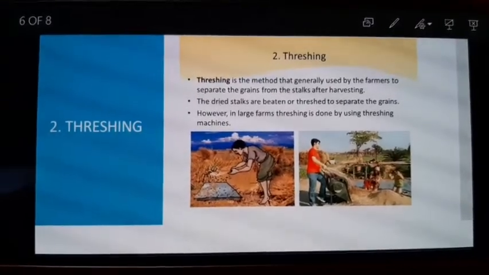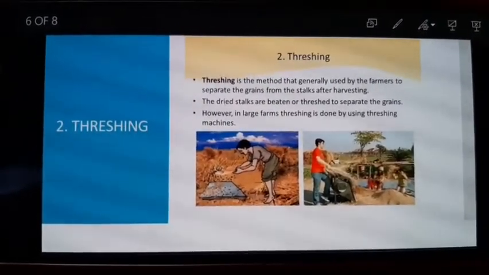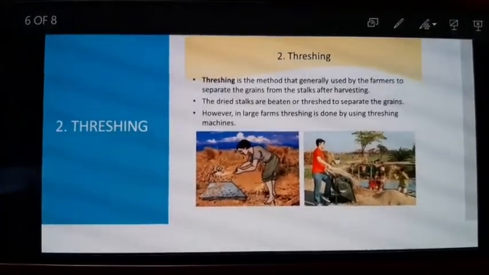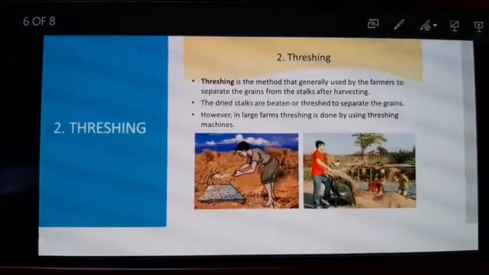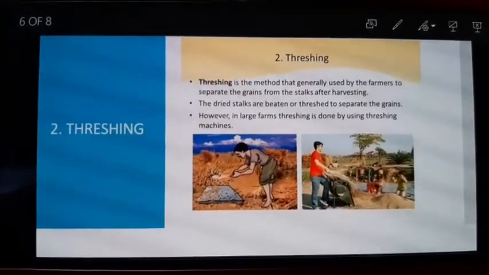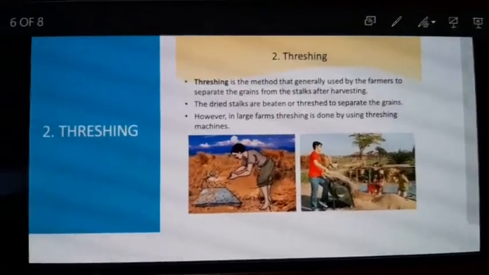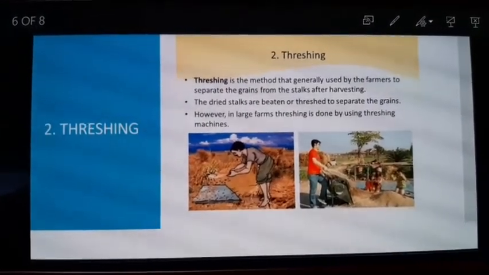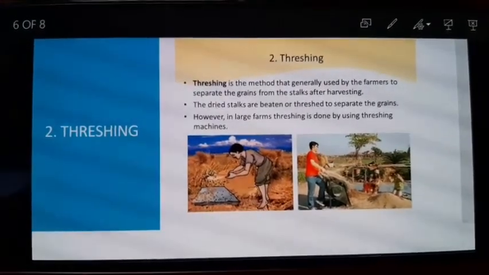The grains of wheat, paddy, etc. are harvested with the stalk from the fields. They are separated from the stalk, and this is not possible to do practically by hand picking. So, in order to separate the grains, what farmers do is threshing. Alright, so to define it, the process of separating grains from the stalk is known as threshing.